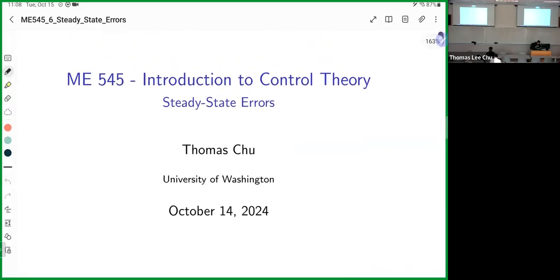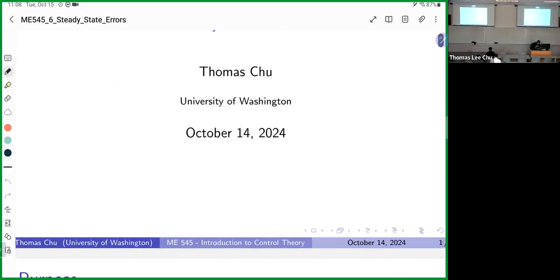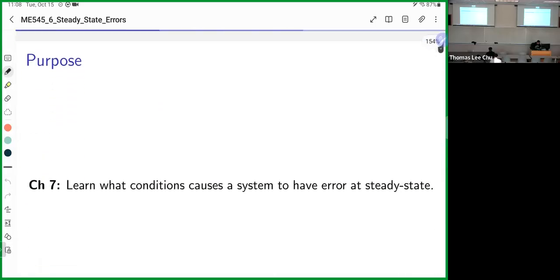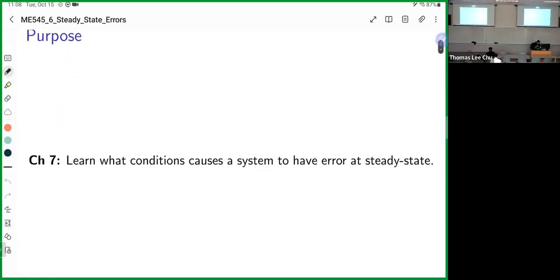So chapter 7 is going to be on steady state errors. Basically the purpose of this chapter is to learn what conditions cause a system to have error at steady state. The equations in this chapter aren't too useful outside of this class, but it's useful learning how to derive error for each system, because you might have systems that are not in the standard configuration with a single feedback.